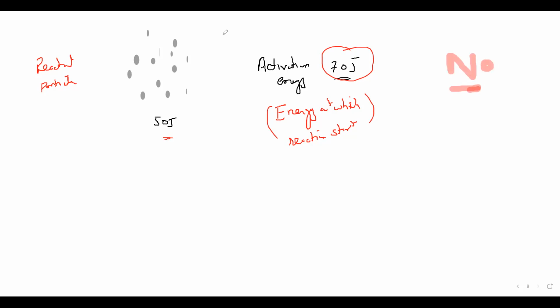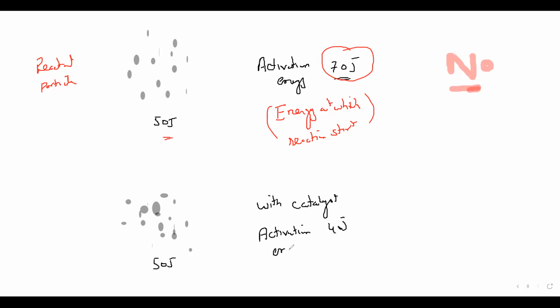But now the same reactant particles, the same number of particles, if you use a substance which is called a catalyst, they have 50 joules of energy, and with the catalyst the activation energy is 40 joules.